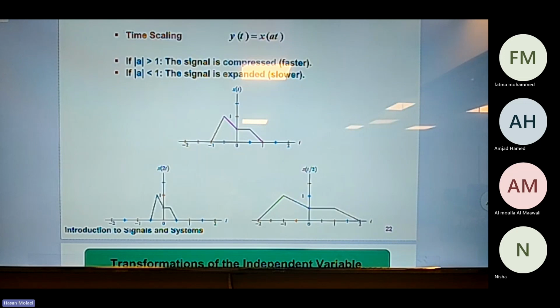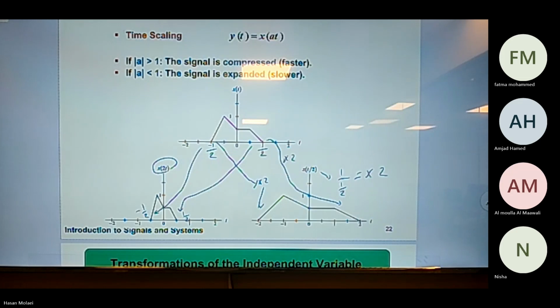If you have x(t/2), you should divide all values by 1 over 2, which means you should multiply by 2. Here multiplying by 2 gives minus 2, here multiplying by 2 gives 2. You should multiply the t-axis by the inverse of a.